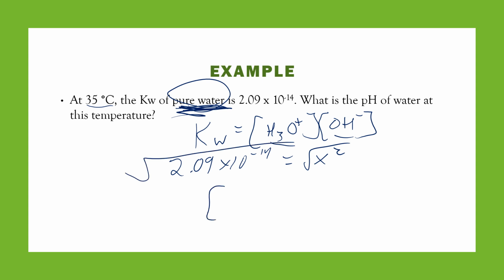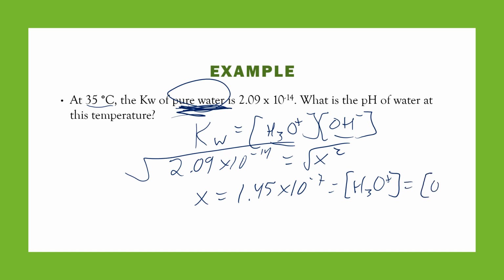And you'll get that the concentration, or x, is equal to 1.45 times 10 to the negative 7th. And it's going to be the same for both of those things. And if you take the negative log of this number, you get that the pH is equal to 6.84. 6.840, I believe, if you're using proper sig figs.